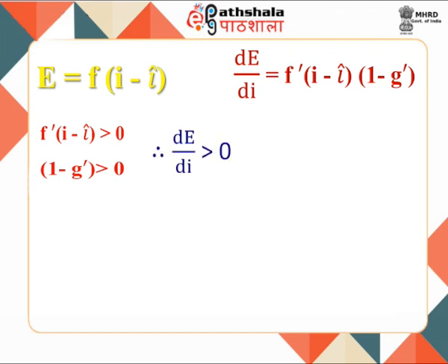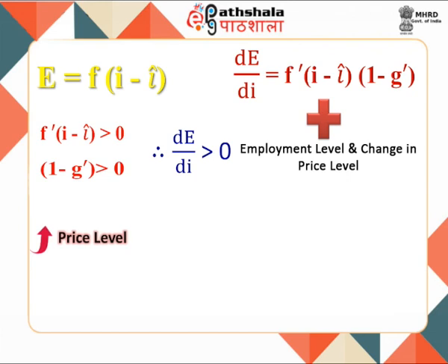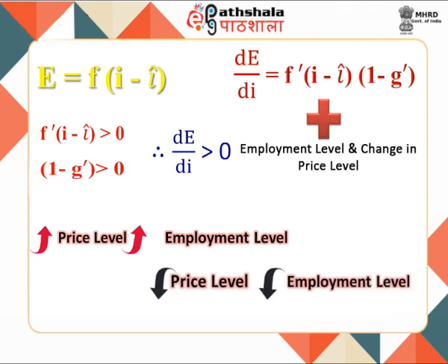Therefore, delta E upon delta I is also greater than 0. Hence, there is positive relationship between employment level and change in price level. Positive relationship means if there is rise in price level, then employment level also rises. And if there is decline in price level, then employment level also declines.